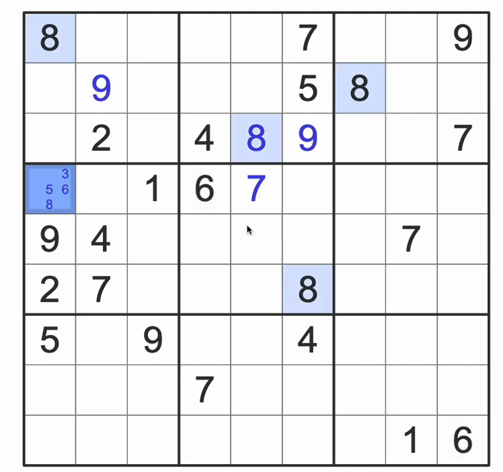And I put all of them here because it's already blocked by 5, 6, 8. So this cannot be 5, 6, or 8. Leaves only 3 as a possible number for this cell. And that means 1, 4, 6, 7. Okay.